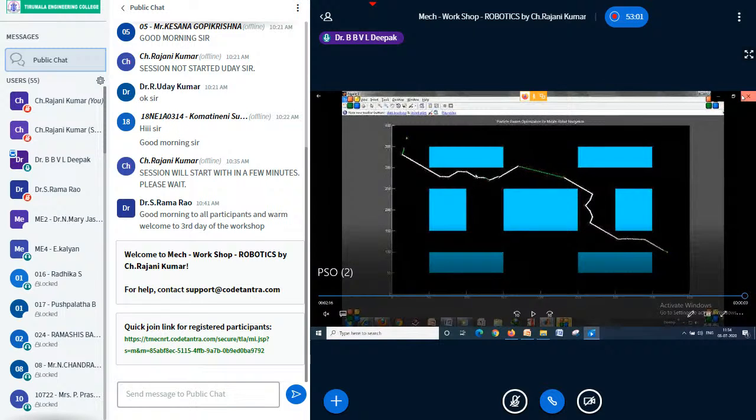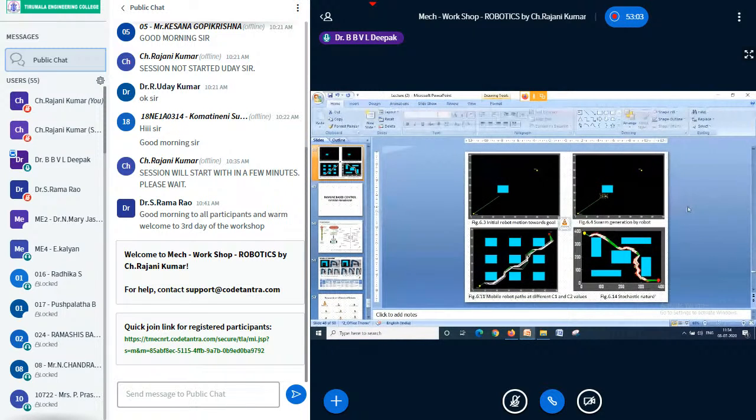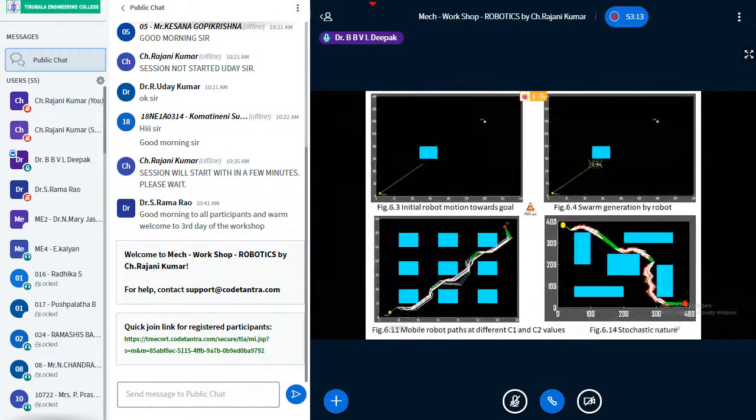So this is the first case of a swarm intelligence algorithm, which is a social behavior based algorithm, where the motion planner gives the optimal path to move the robot towards the target.